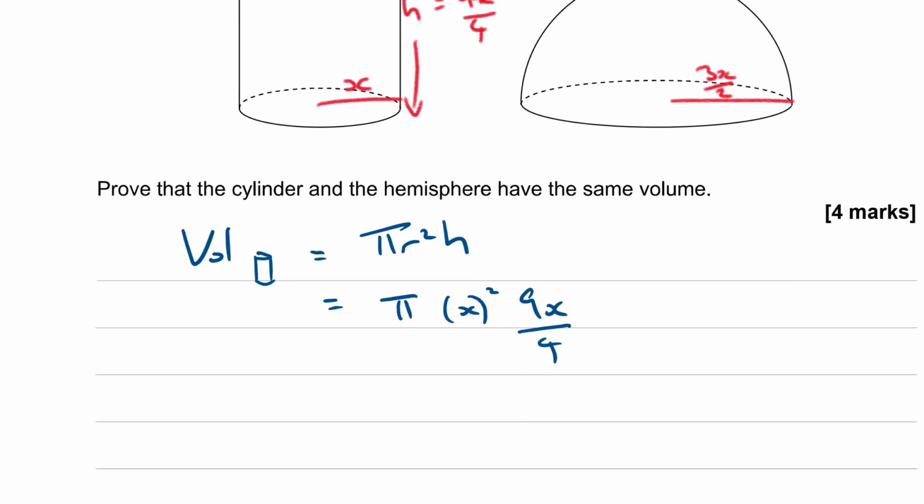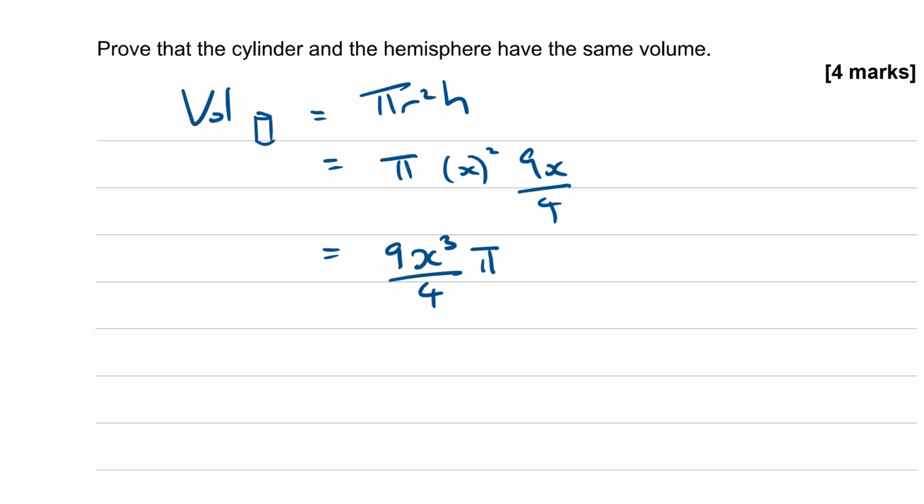So that gives us x squared times x, which is x cubed. So I'm going to have 9x cubed over 4 lots of pi. I'm going to leave it in terms of pi for now for simplicity.